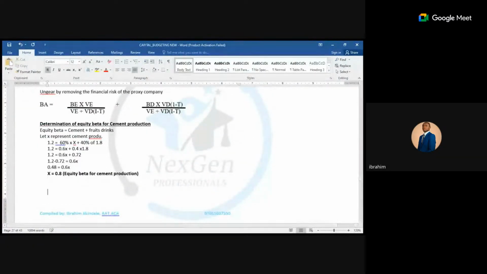So beta debt is given to be 0.4. Beta debt is 0.4. The level of gearing is given to us in the question.